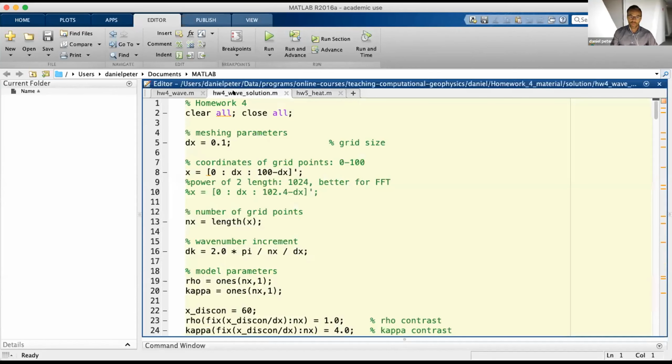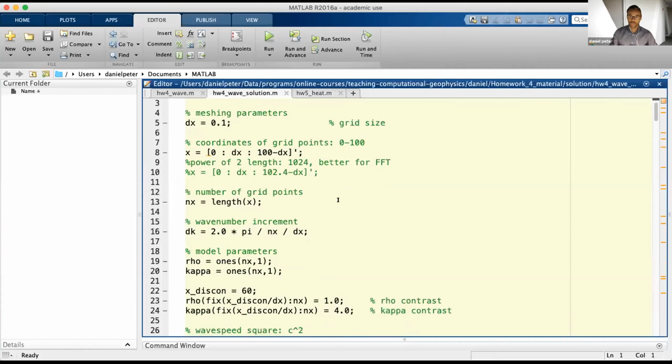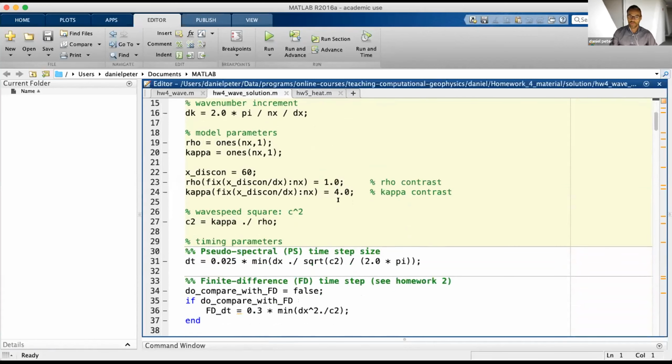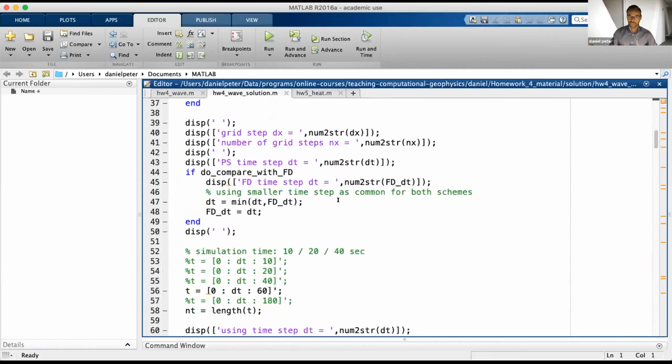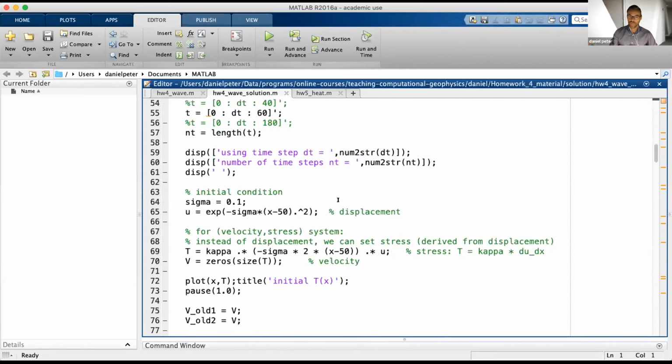For the pseudospectral homework, that's homework 4. Is there still a question about that homework?